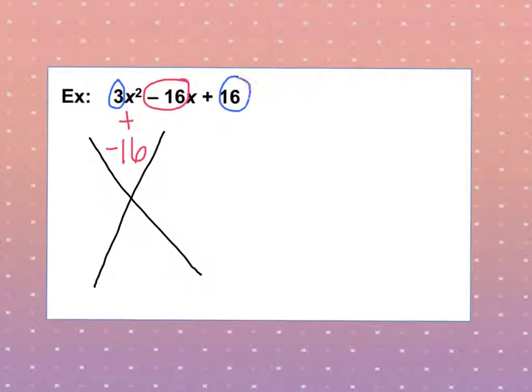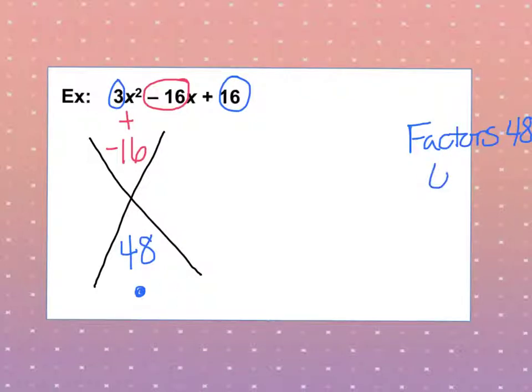And this is what we're multiplying to. Now I'm going to list my factors of 48. Factors of 48 could be 6 times 8, 2 times 24. Can you think of any other factors of 48? How about 3 and 16?